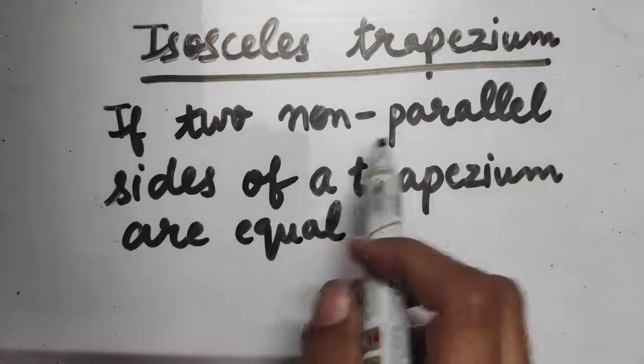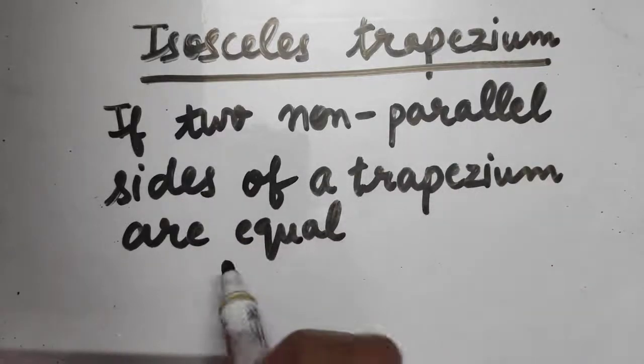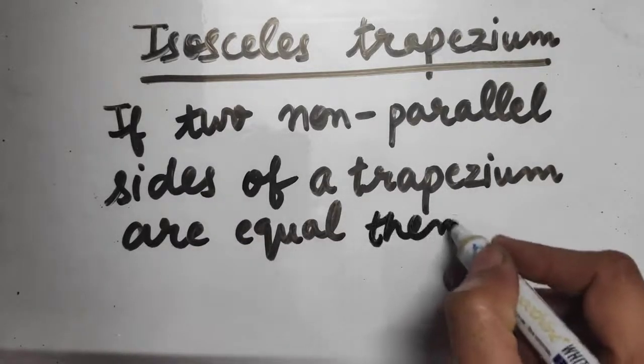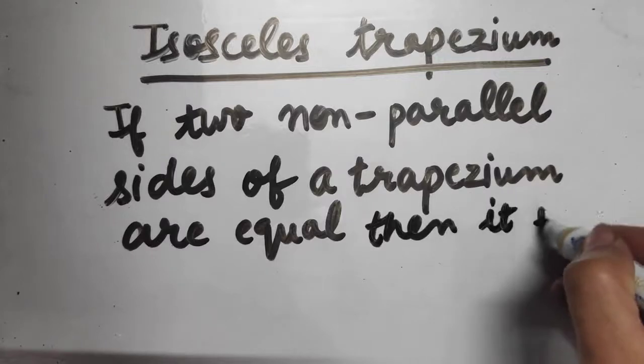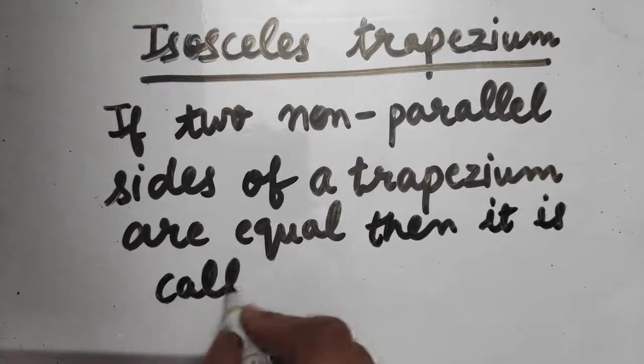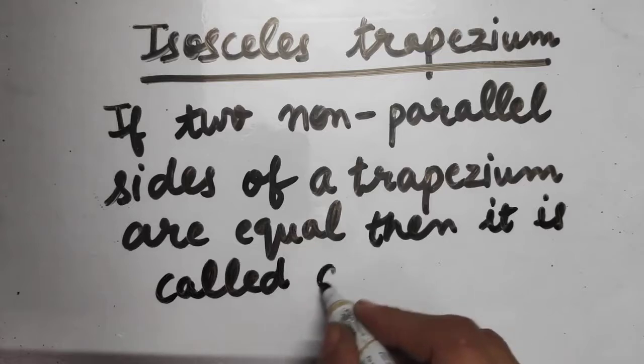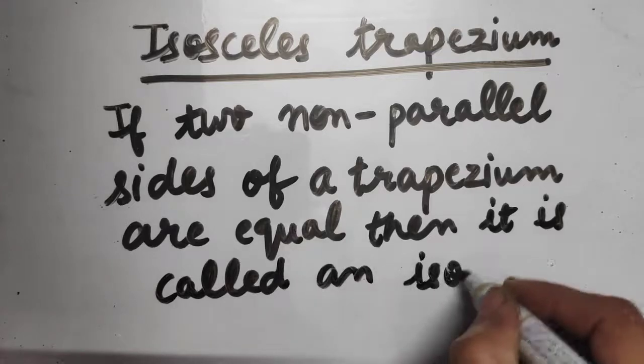So, if two non-parallel sides of a trapezium are equal, then it is called an isosceles trapezium.